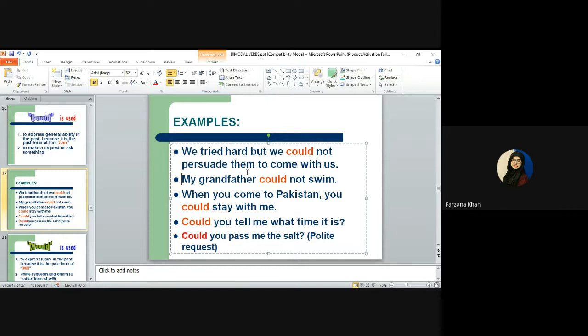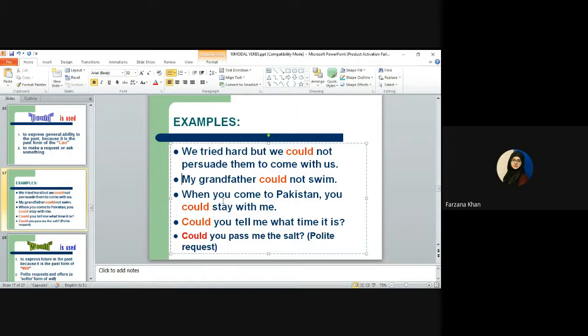Well, next example, when you come to Pakistan, you could stay with me, right? Here, basically, you are asking for something, or you are making a polite request, or you are giving polite permission to another person, and you are talking about the future tense, not the past.